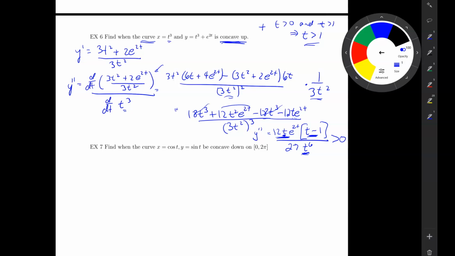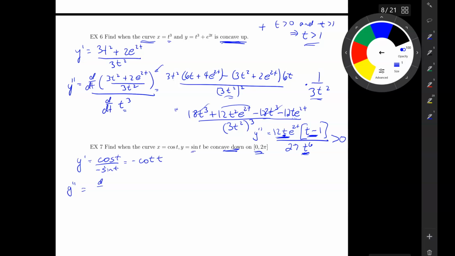All right, let's go try another one. Here they want when it's concave down, and they're just giving me between 0 and 2 pi. Okay, so let's go find y prime. So dy/dt over dx/dt. Okay, so to find the second derivative, let's just go ahead and write that as negative cotangent of t.